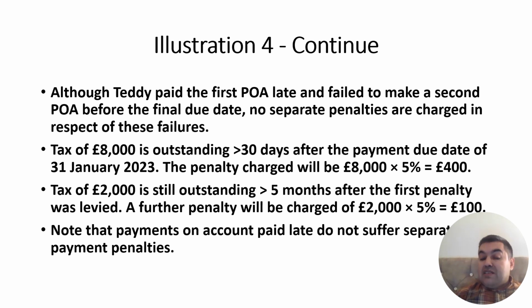Then he paid some of the amount. 2,000 was still outstanding, so that 2,000 is late, outstanding more than 5 months after the first penalty was charged. So a further penalty will be charged on 2,000 at the rate of 5%. Note that separate payments on account paid late do not suffer separate penalties.